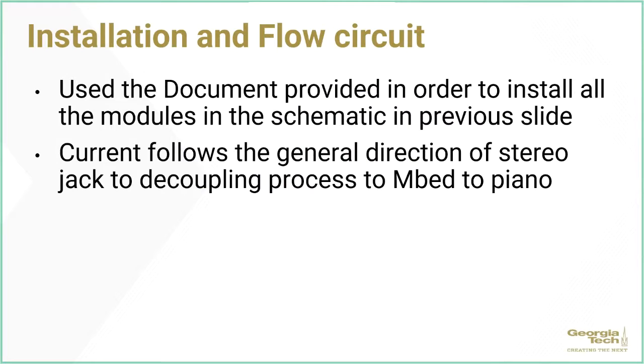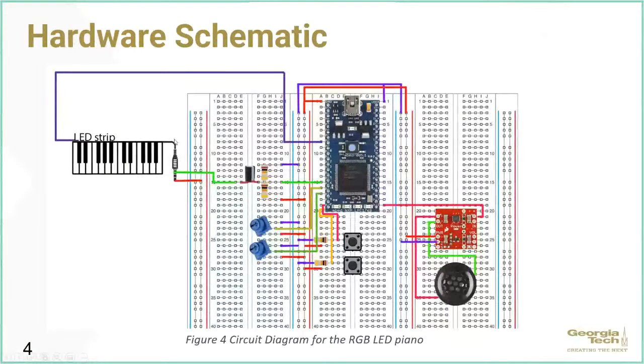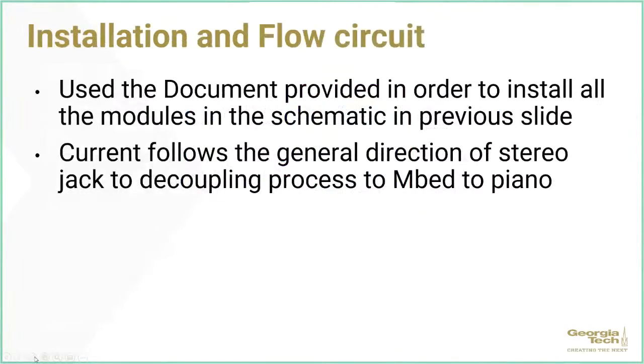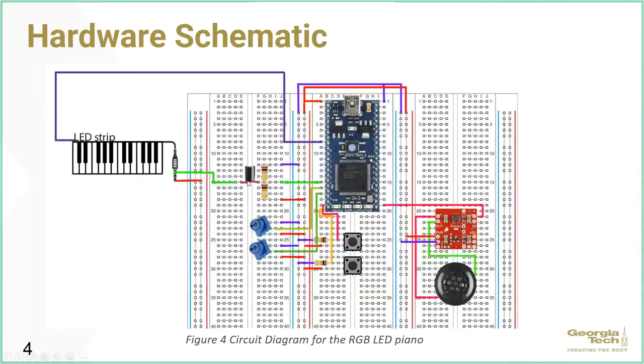The general flow of the project is that the current comes from the stereo jack here. It goes to a decoupling capacitor, which is a process to eliminate the small noises that come from the loose wire or other kind of hazards that go through with it. That signal is rectified.